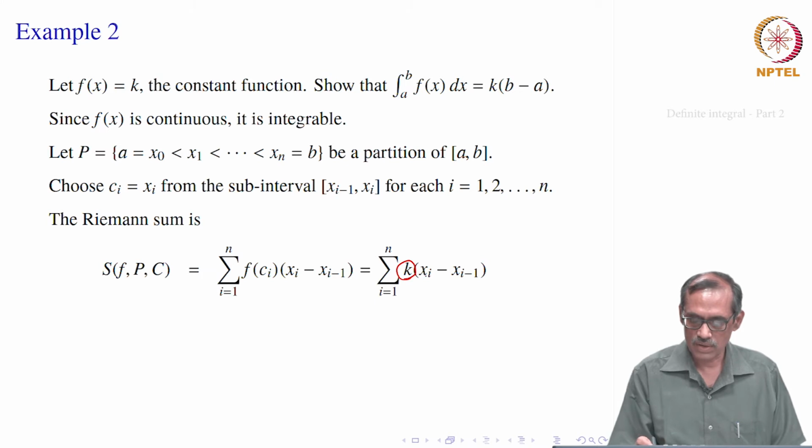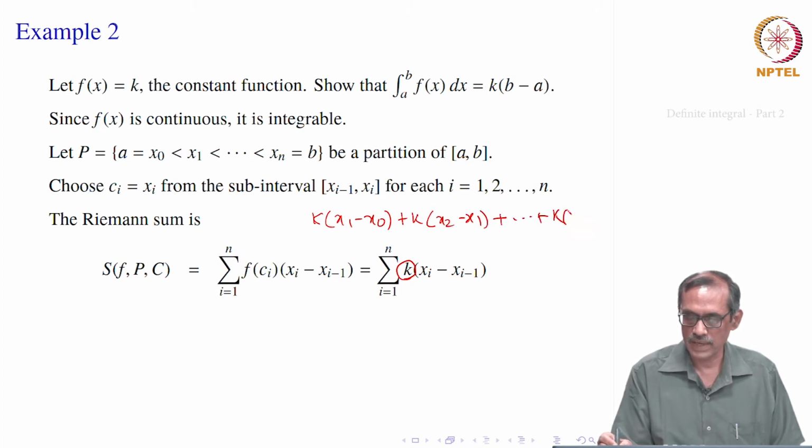But this is now really summable, right. If you expand the summation, when i equal to 1, it looks like k into x1 minus x0 plus k into x2 minus x1 and so on, plus k into xn minus x n minus 1.